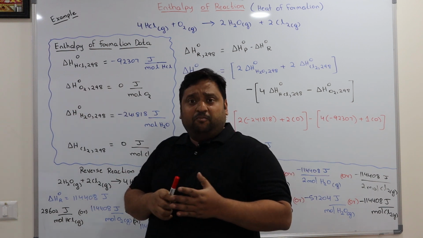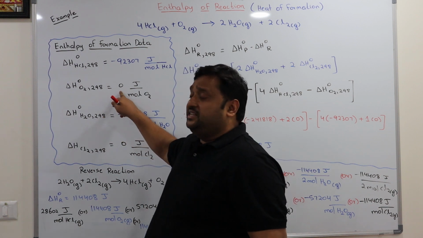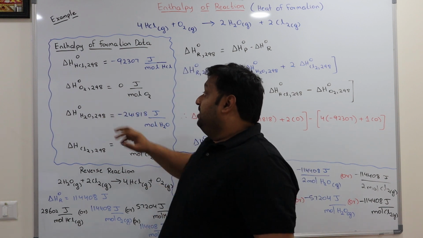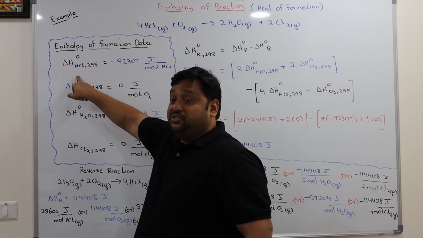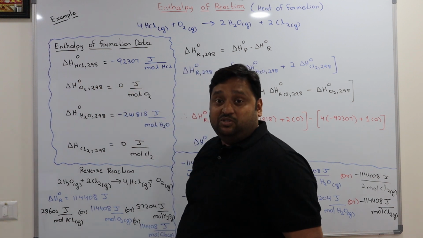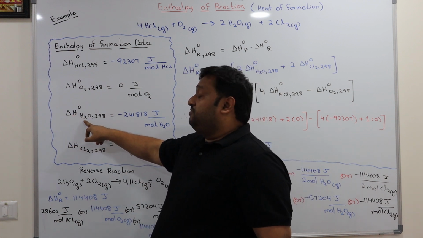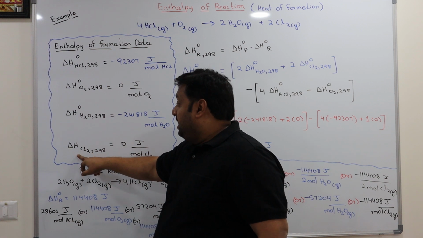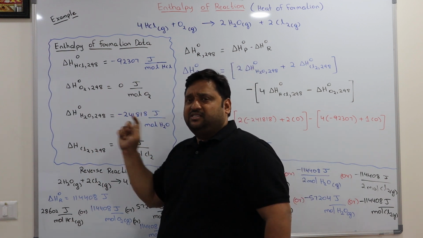Whichever compound is existing in its natural state, the enthalpy of formation is considered as 0. That is why the enthalpy of formation of oxygen at this temperature and pressure of 1 bar is 0 joules per mole of oxygen. Similarly, the enthalpy of formation of water and of chlorine is given in this table.